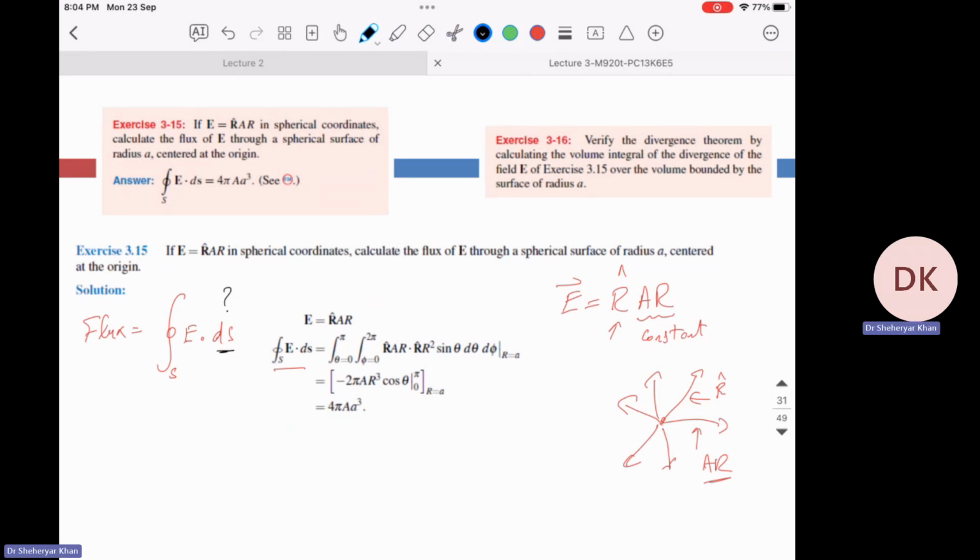So you go to the table and find the ds along the r direction. Can you go back to your lecture notes and find the ds along the r direction?